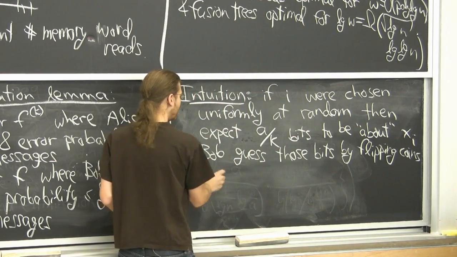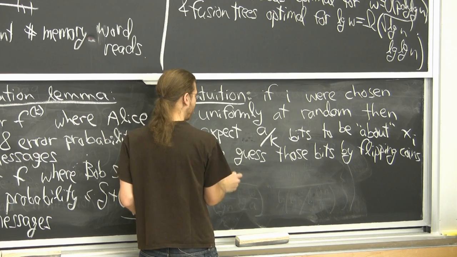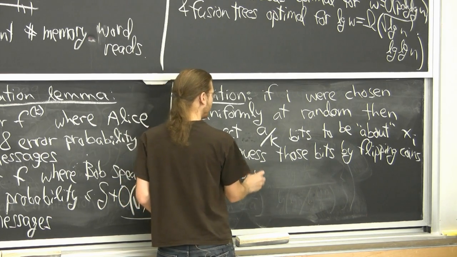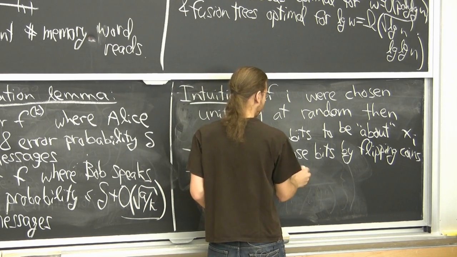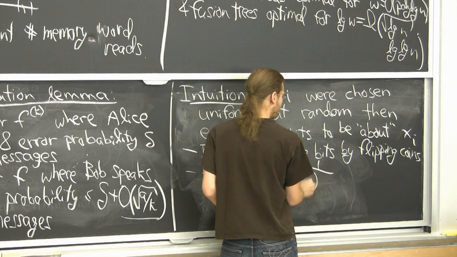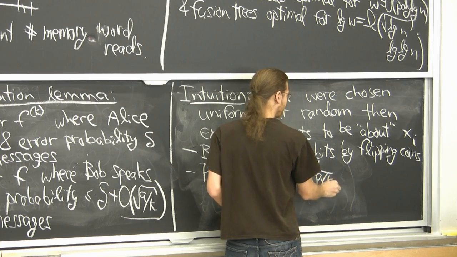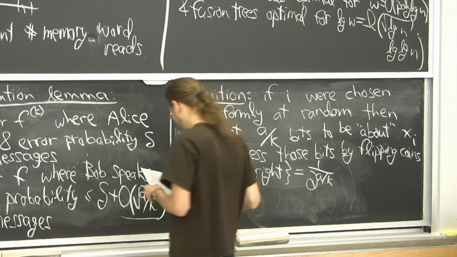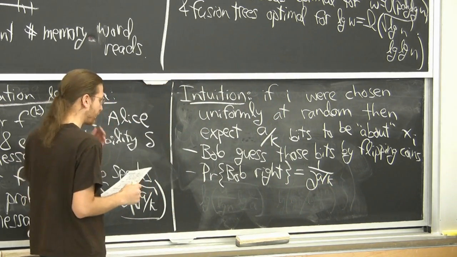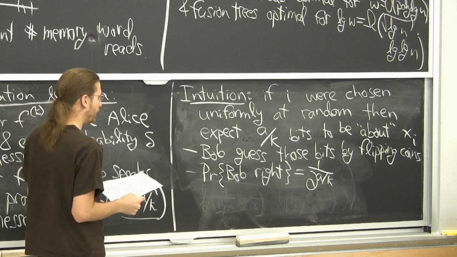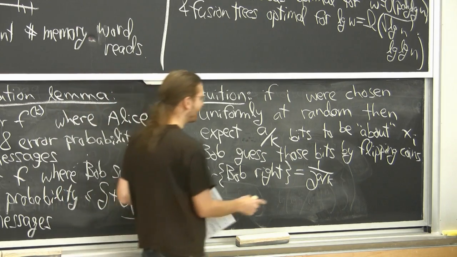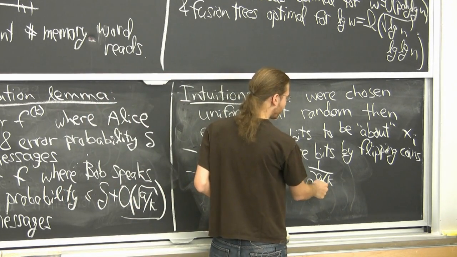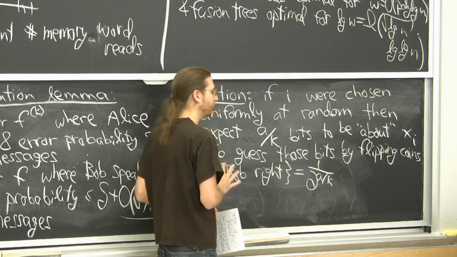What's the probability that Bob is right? Well, it's going to be like 1 over 2 to the a over k. That seems not so big, but if k is much larger than a, then this is actually a good thing.